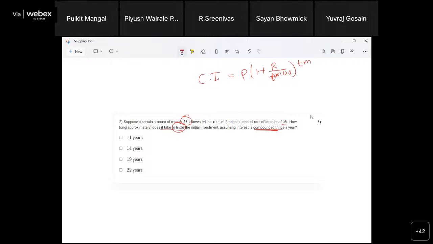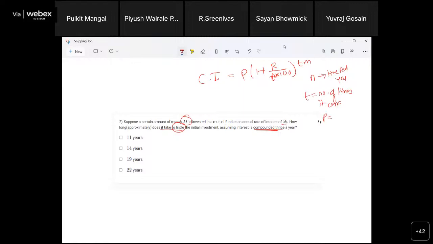So what is R, what is T, what is N here? Basically T is the time period in years, and N is the number of times it is compounded, whether yearly, half-yearly or quarterly.